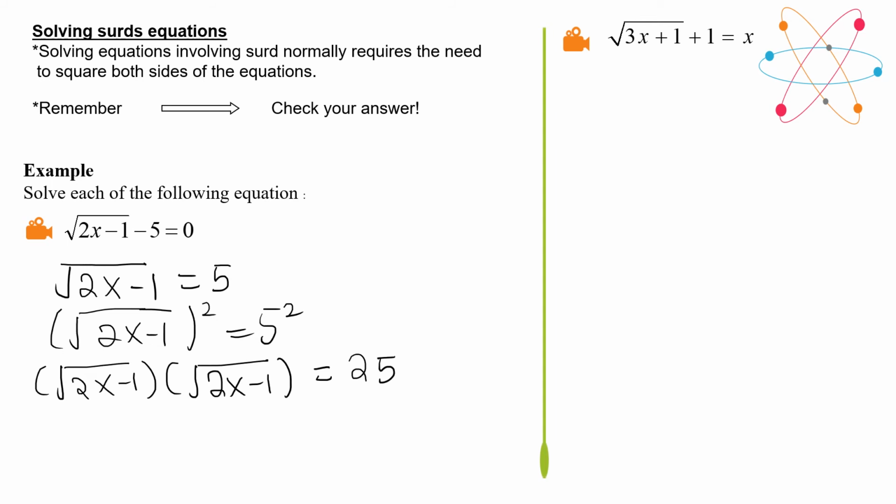Now, we already simplify surd. So, surd means power 1 over 2. So, after multiplying, it becomes 2x minus 1. Simplify it. x now is 13.